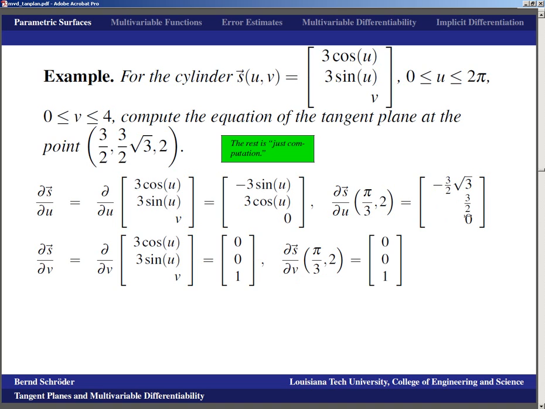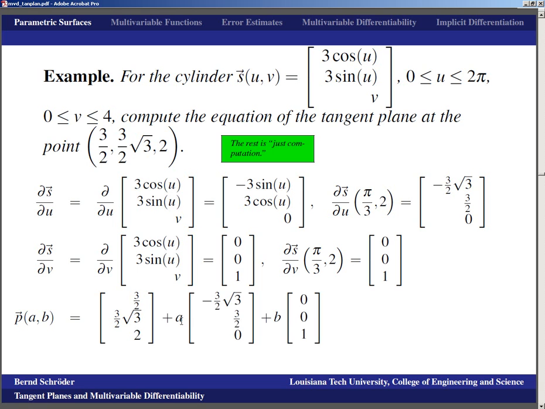And so these two vectors are the direction vectors for that tangent plane. And so the parametric equations of that plane are that the plane of A and B would be our base point, 3/2, 3/2 root 3 and 2, plus parameter times first direction vector, negative 3/2 root 3, 3/2, and 0, which we have right here, plus second parameter times second direction vector, 0, 0, 1.